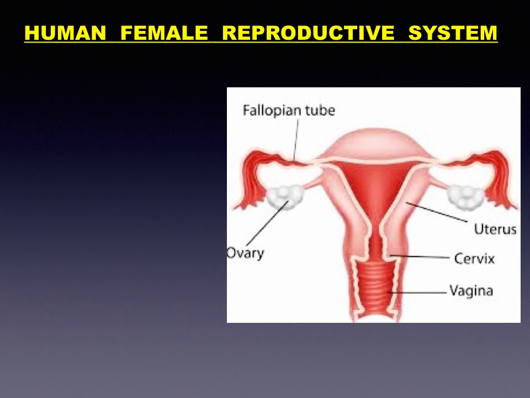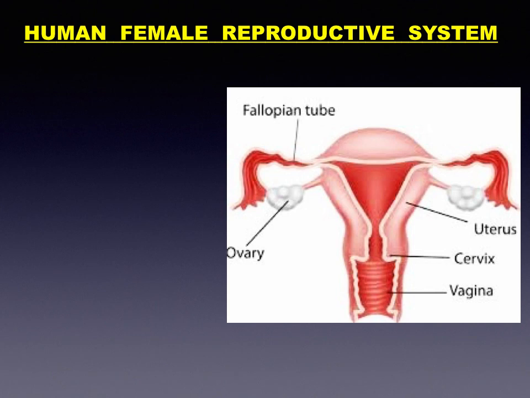Every month, alternate ovaries release a matured egg. The ovary produces two hormones, estrogen and progesterone. It also prepares the uterus for pregnancy. Fertilization happens in the fallopian tube. So we can summarize that generally every month an ovum is released into the abdominal cavity, alternately from each ovary.